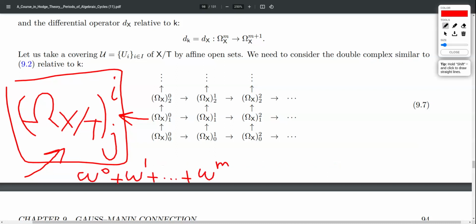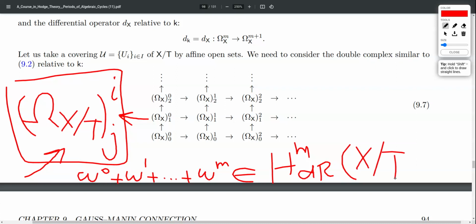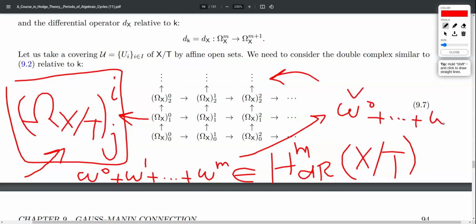So we take an element omega_0 + omega_1 + ... in H^m_dR(X/T), and we take a representative of this one in this double complex, and we denote it by omega_0 check + ... + omega_n check.